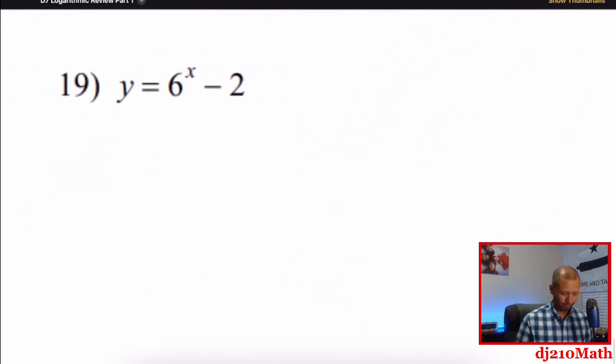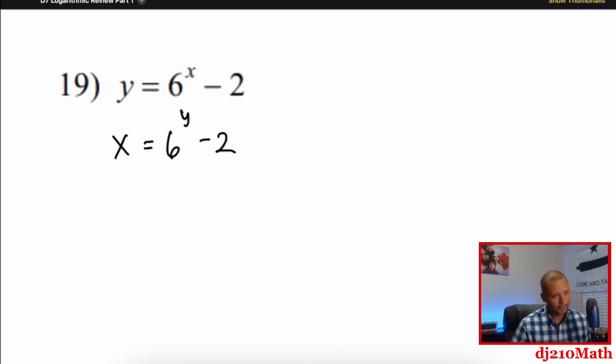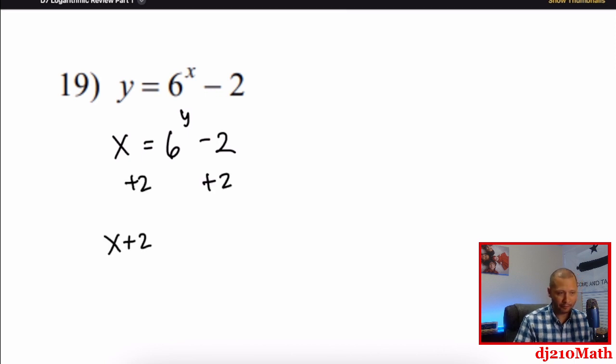Okay, 19. X is equal to 6 to the y minus 2. All right, swapping x and y. I'm going to add 2 to both sides. So x plus 2. So notice here we didn't have to convert just yet. Is equal to 6 to the y.